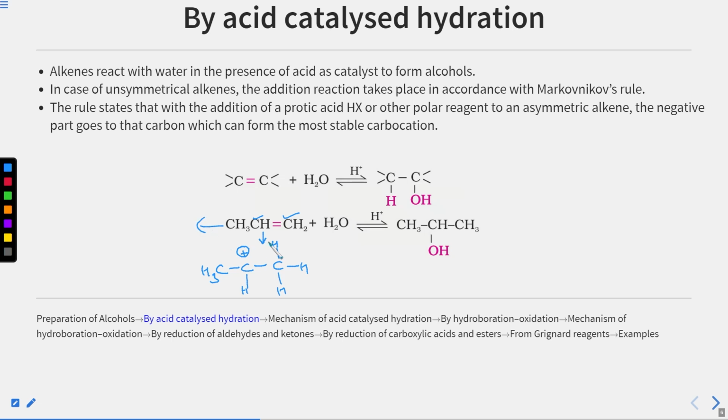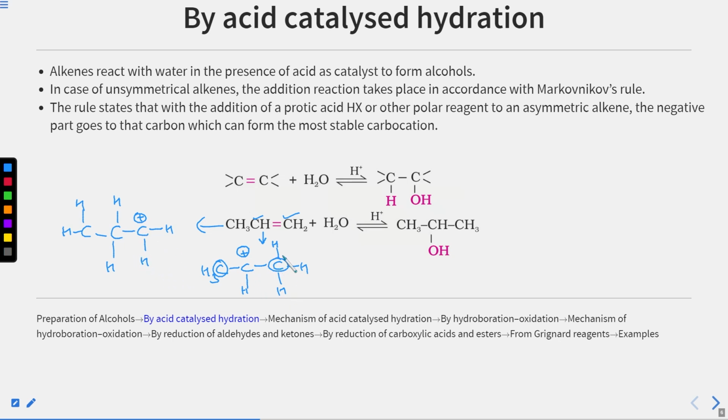Similarly, if you put the positive charge on the other carbon, you will get something like this. Here H, here CH3. Now I have told you that the one which is not getting the positive charge must get an additional hydrogen. Now compare the stability of these two carbocations. You can see very clearly that it is a secondary carbocation as two carbons are attached to it, but this is a primary carbocation.